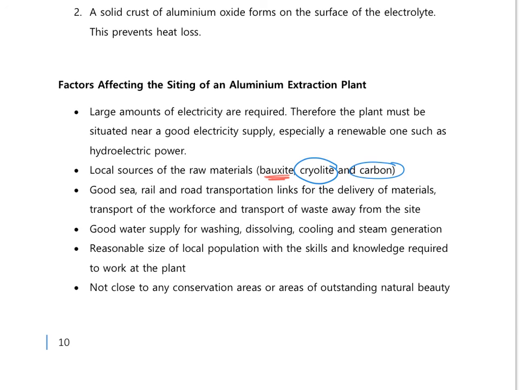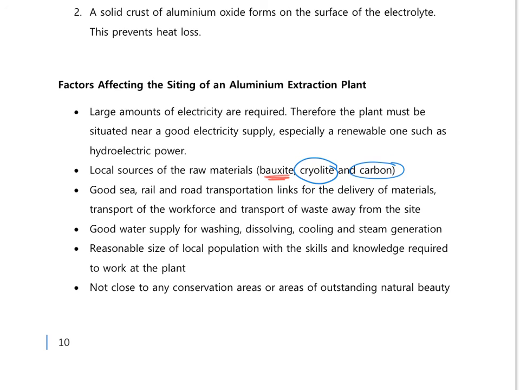We want good water supplies for washing, dissolving, cooling, and steam generation, so cooling the machinery. We want a local supply of people who can work at this aluminium extraction plant. And then also we need to think about areas of conservation or outstanding natural beauty. We don't want to place an aluminium extraction plant anywhere near that would spoil those types of area.